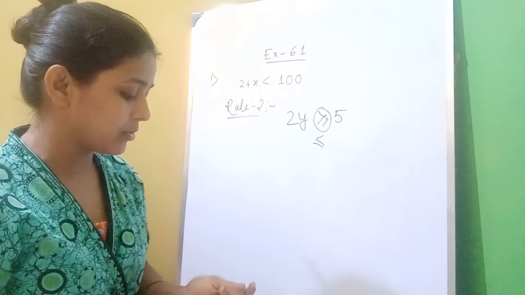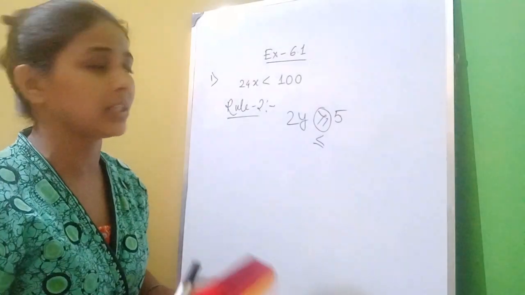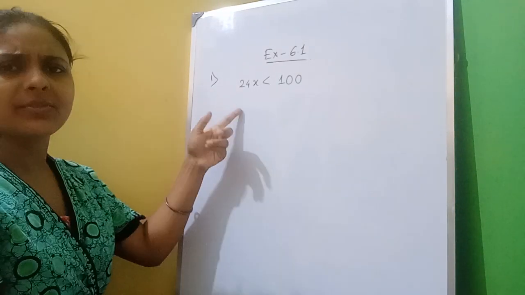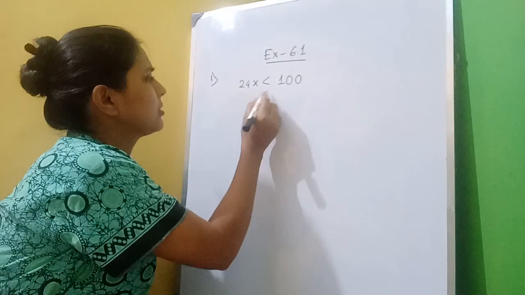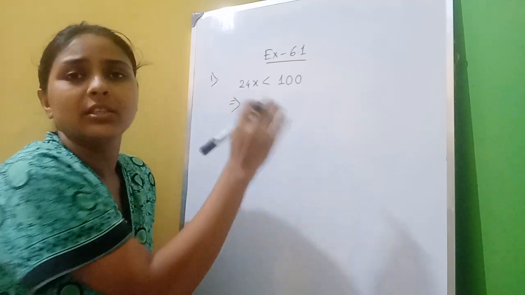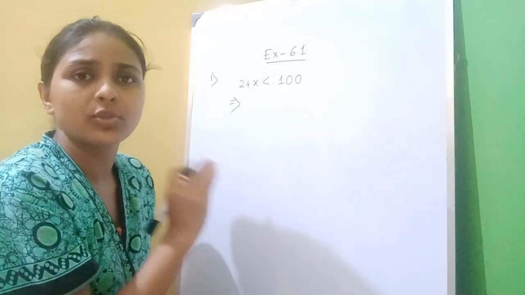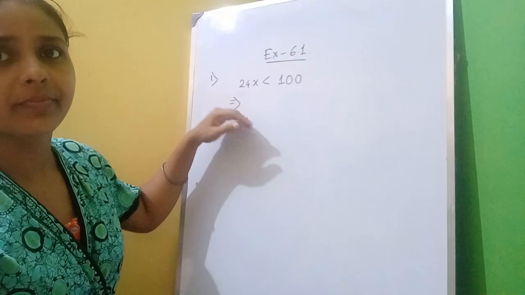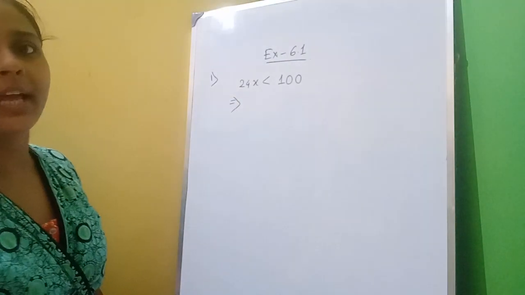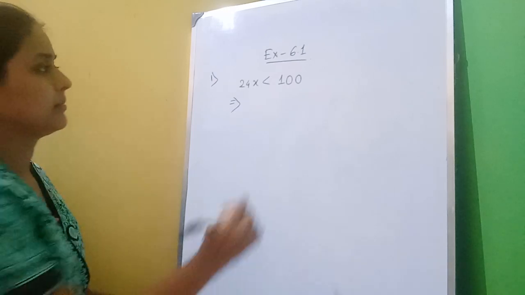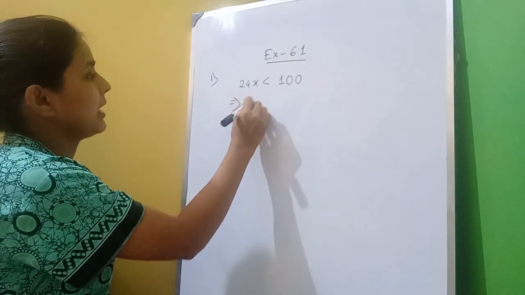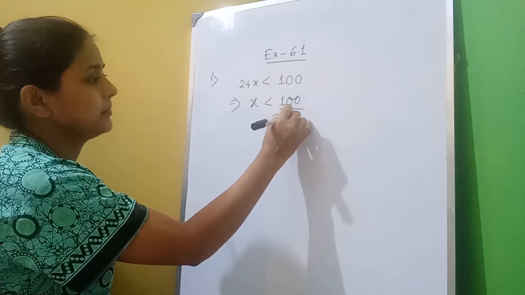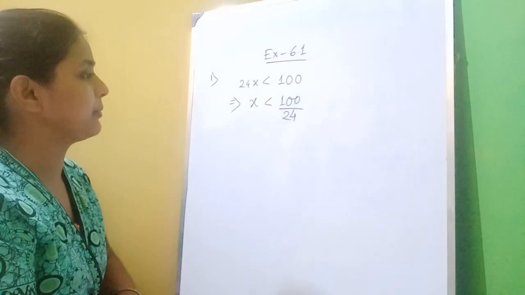So let's start with the first question that I wrote. And this is very simple. Look, there are no negative numbers, so this sign will work like equal. So this is x less than 100 divided by 24.